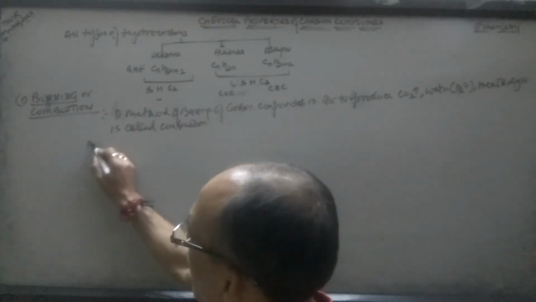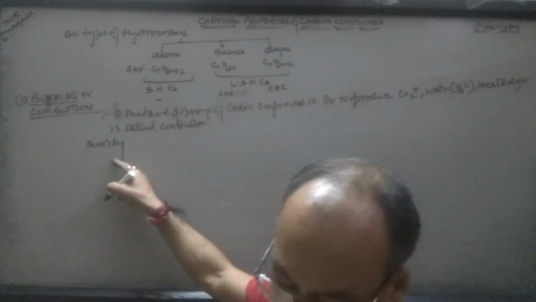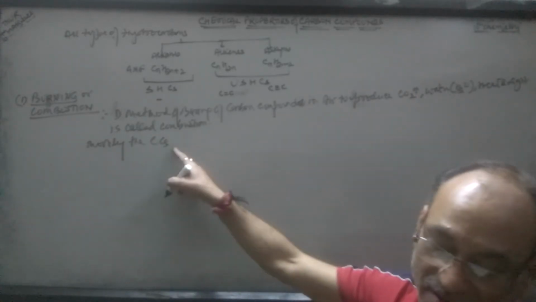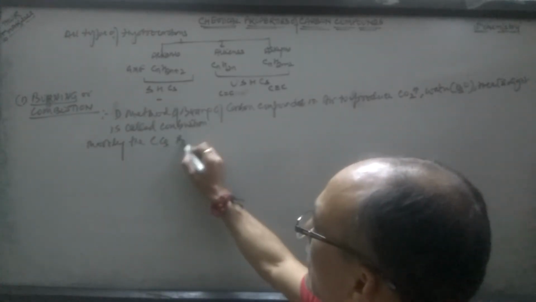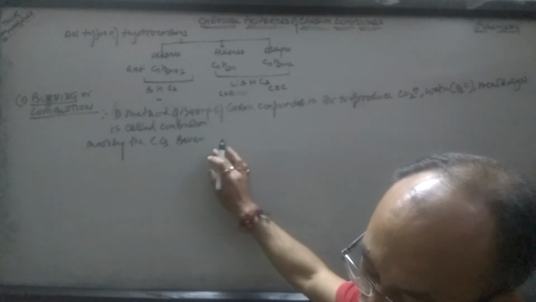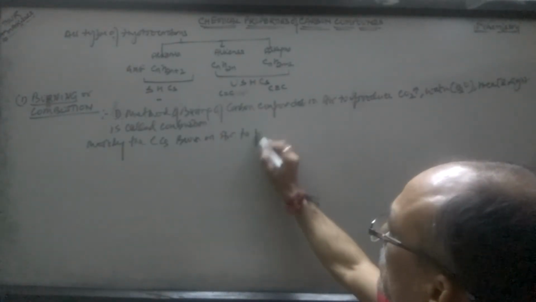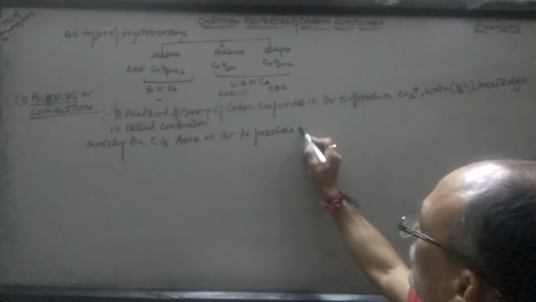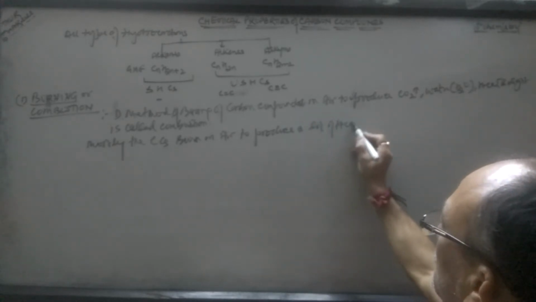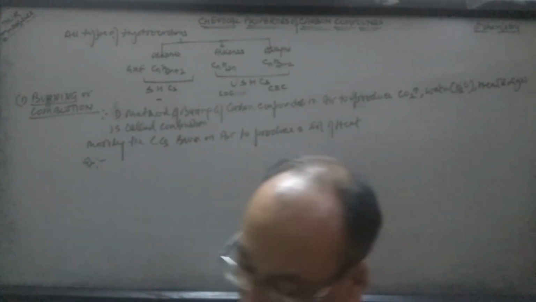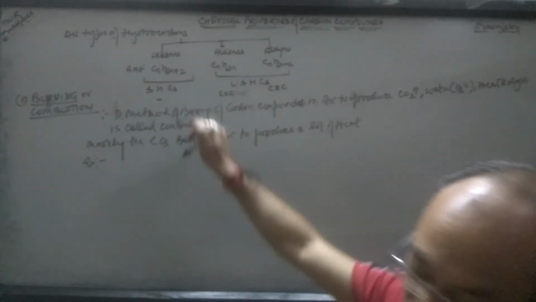It means mostly the carbon compounds, CCs means carbon compounds, burn in air or with air, whatever you say, to produce or to give a lot of heat, अत्यधिक मात्रा में, in excess amount. Now if you are giving an example, take the example of alkanes.